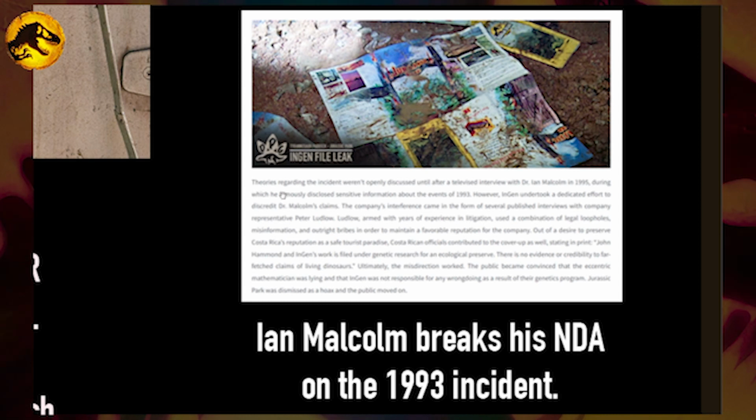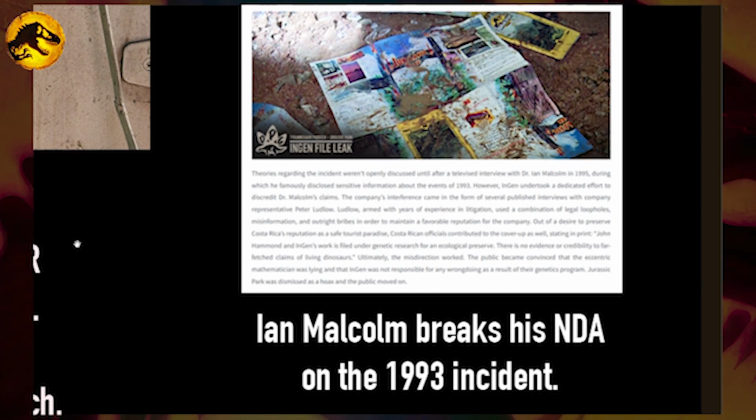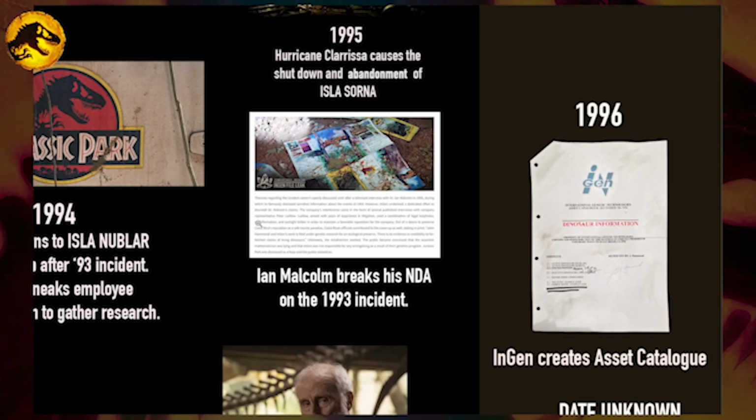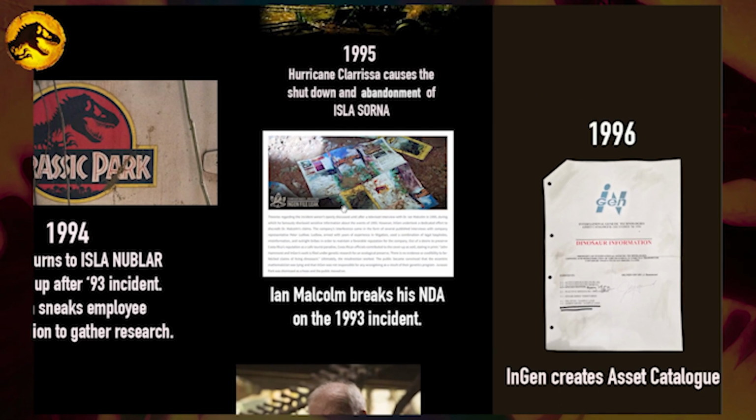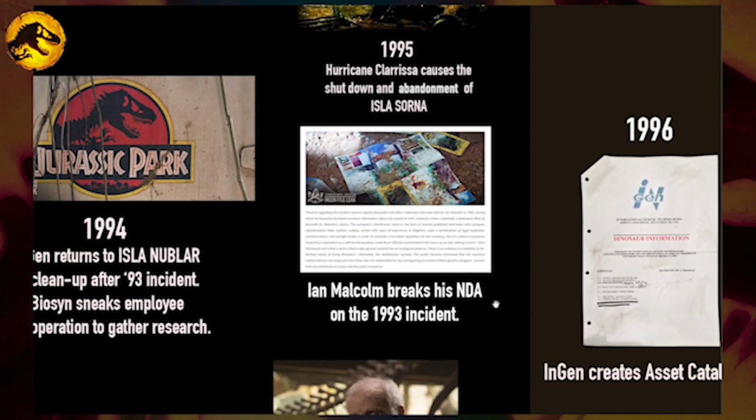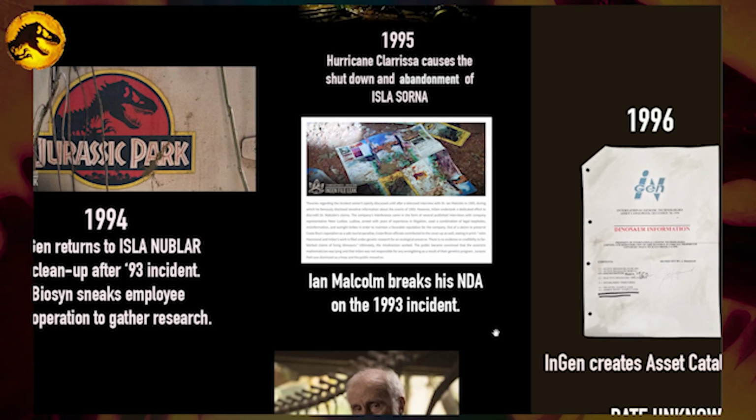It says here, I'll just read it very briefly: theories regarding the incident weren't openly discussed until after a televised interview with Dr. Ian Malcolm in 1995, during which he famously disclosed sensitive information about the events of 1993. So there you go, it was on TV, he broke his NDA to the world. And that is confirmed in The Lost World as well, when he meets that guy on the train and he doesn't believe him. He thinks he's a kook for thinking dinosaurs are real.